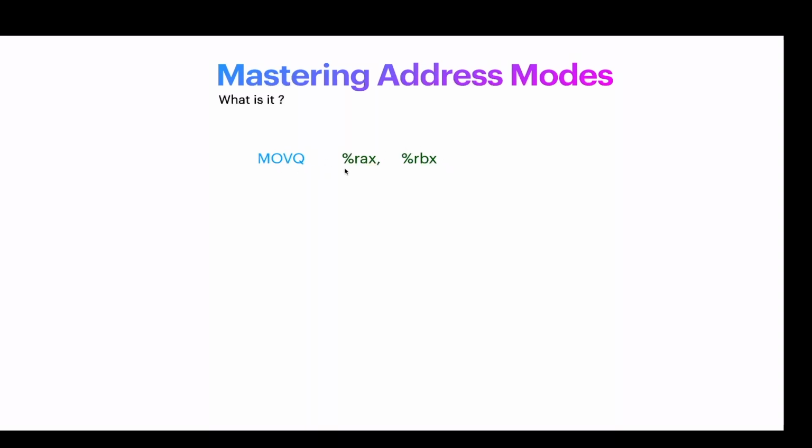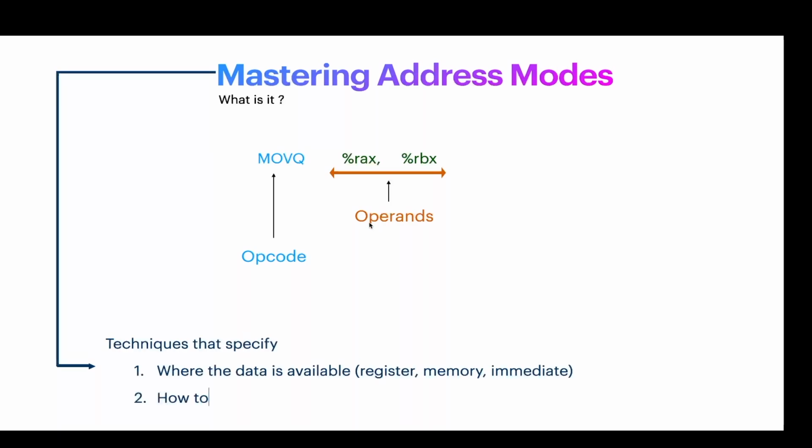So in assembly language parlance, we say move is an opcode, and the data it operates on are called operands. So addressing mode, in short, provides information to the instruction about two things.